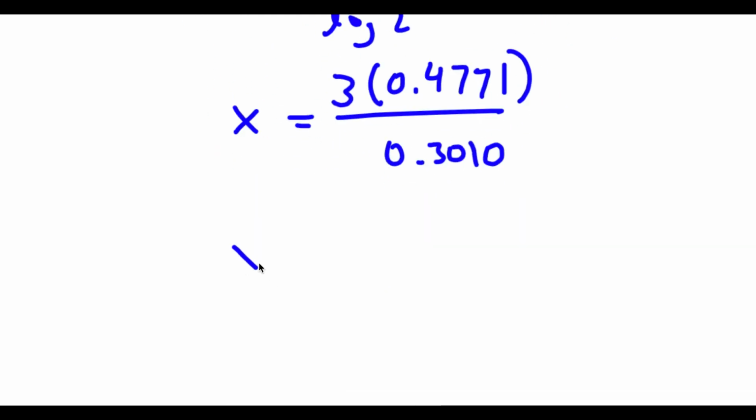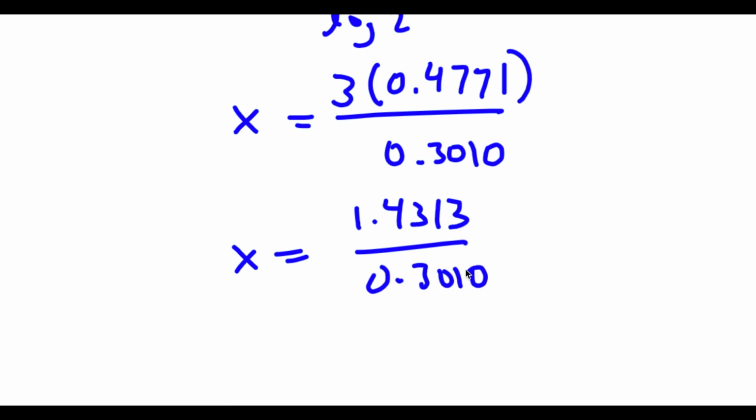So this is equal to 1.4313 over 0.3010, and that is equal to 4.755.